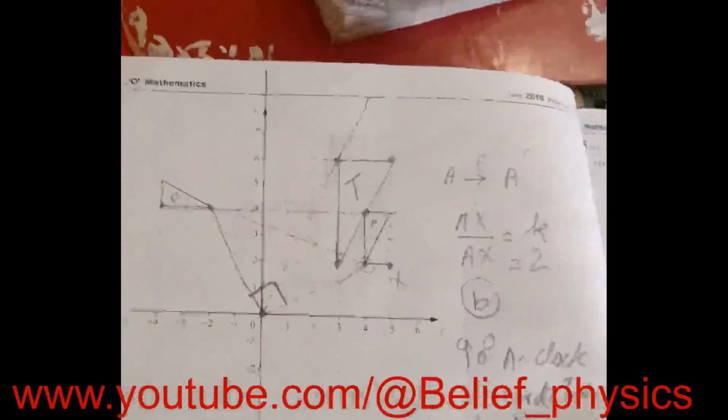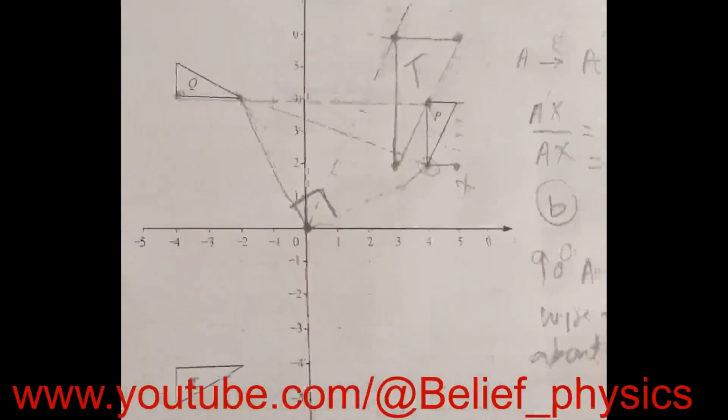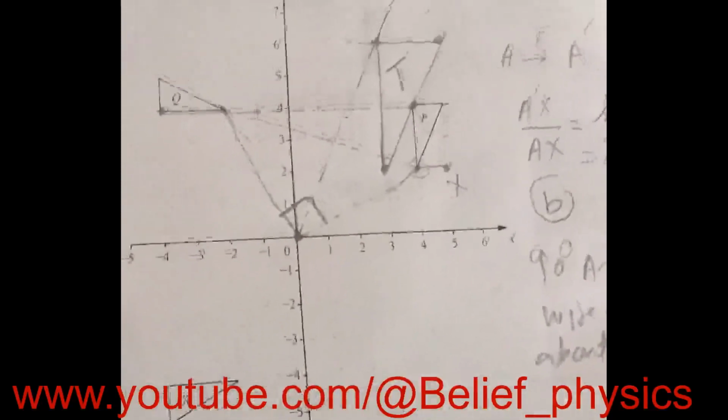C part is we have to find the matrix representation which maps Q onto R. We don't know what it is. So how to find the matrix of a geometrical transformation? I will give you the detail.